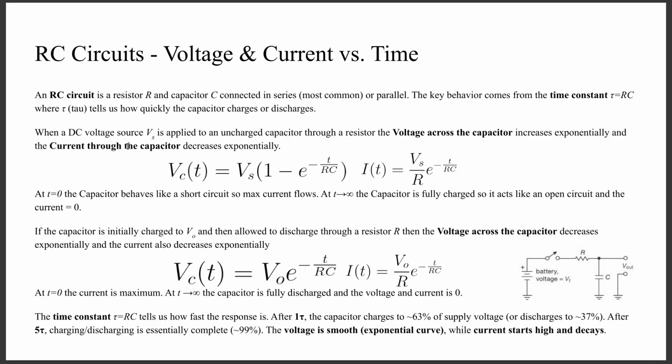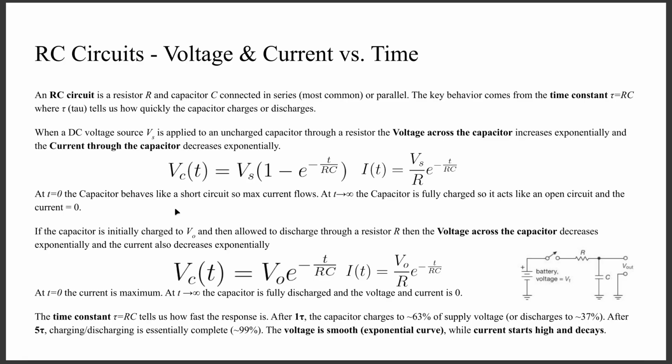When a voltage source Vs is applied to an uncharged capacitor through a resistor, the voltage across the capacitor increases exponentially, and the current through the capacitor decreases exponentially. So Vc of t is equal to Vs times 1 minus e to the negative t over RC, and i of t is equal to Vs over R times e to the negative t over RC.